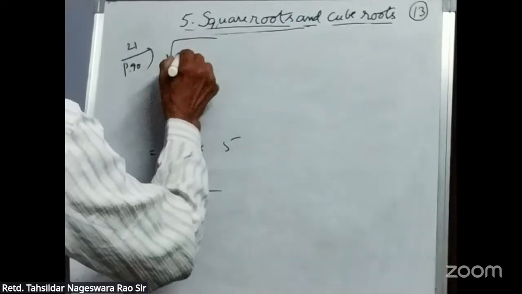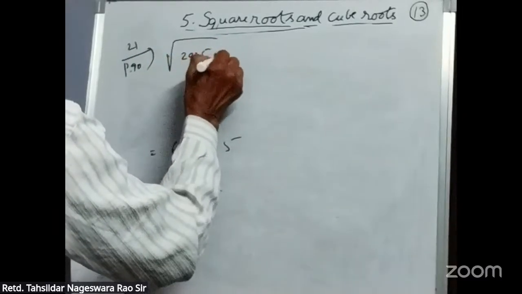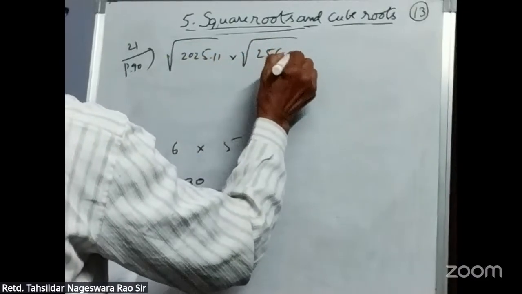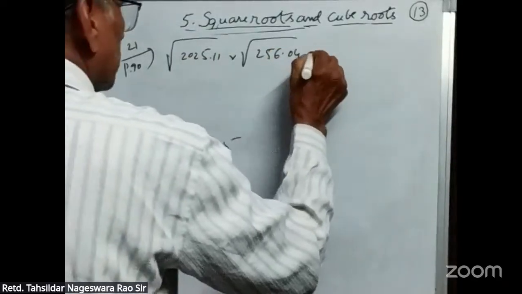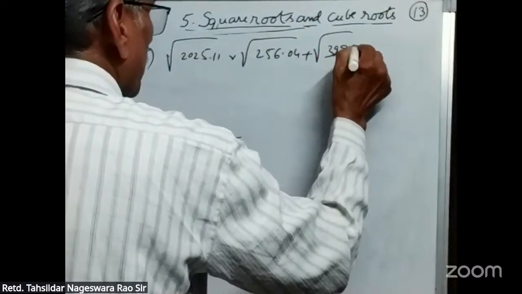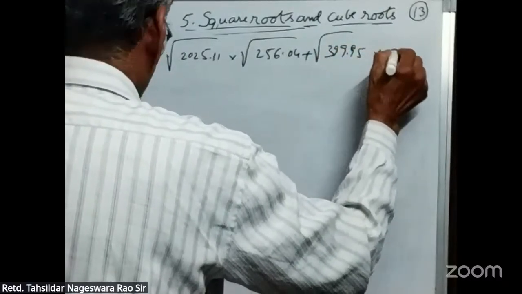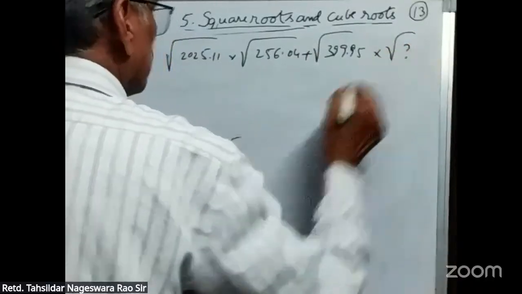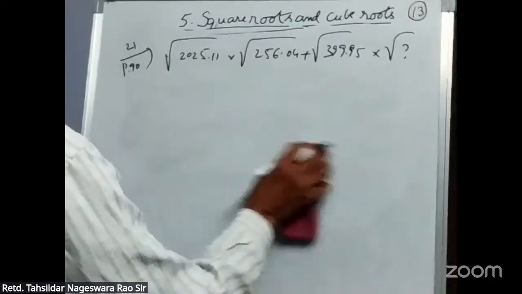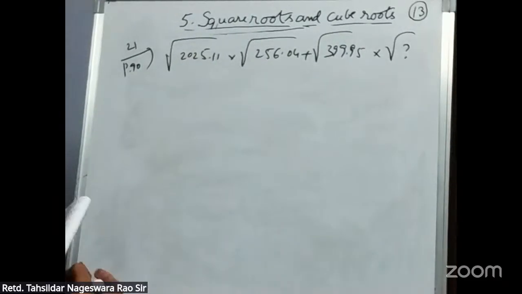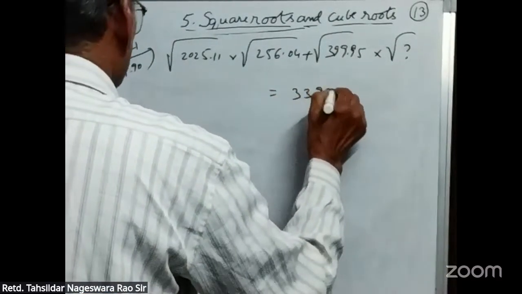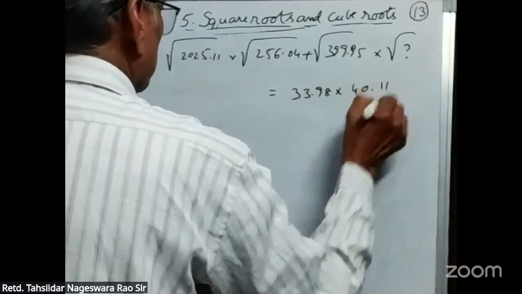Root of 2025.11 into root of 56.04, plus root of 399.95 into root of question mark is equal to 33.98 into 40.11.